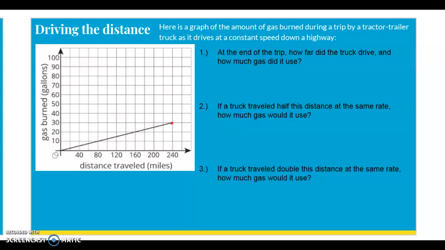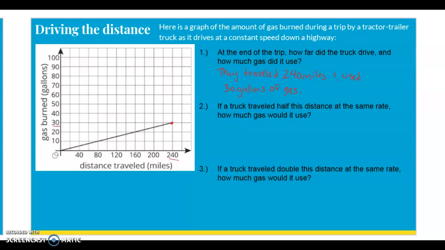So if I go down, I can see that it's 240, and if I go all the way over, it's 30. So they traveled 240 miles and used 30 gallons of gas.